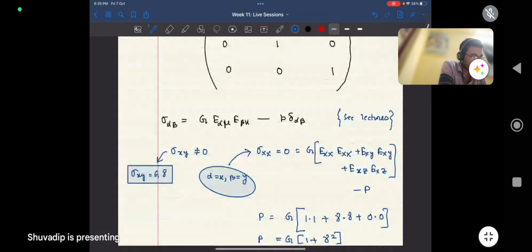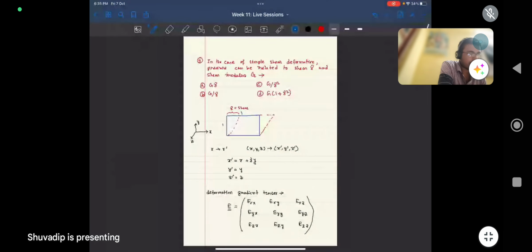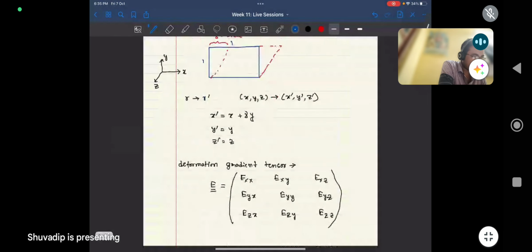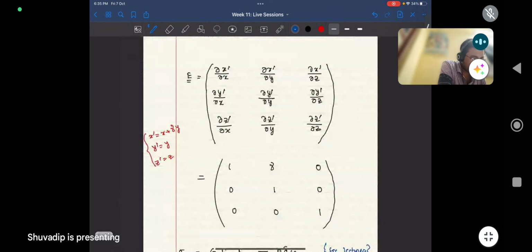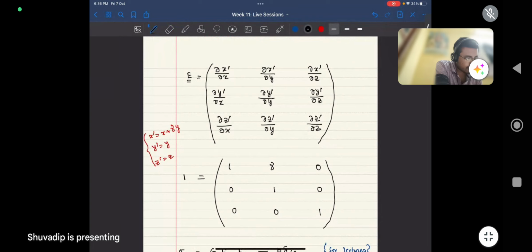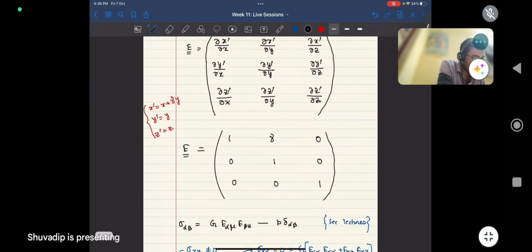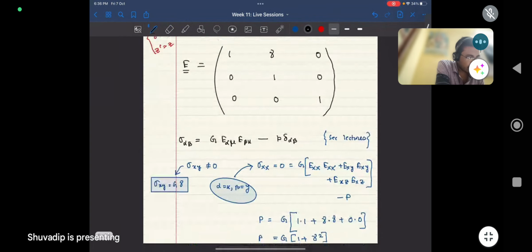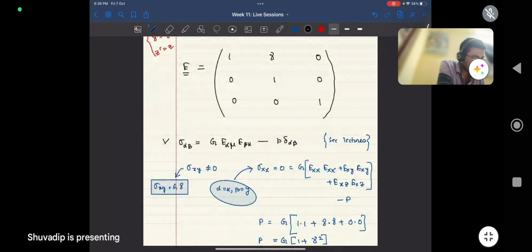Once more, a recap. First we have calculated how the material points are changing, found out the relation between changed point and previous point. We have defined what is the deformation gradient tensor, calculated each term of the deformation gradient tensor, and from that, using this relation for sigma alpha beta, we have calculated what is the pressure.